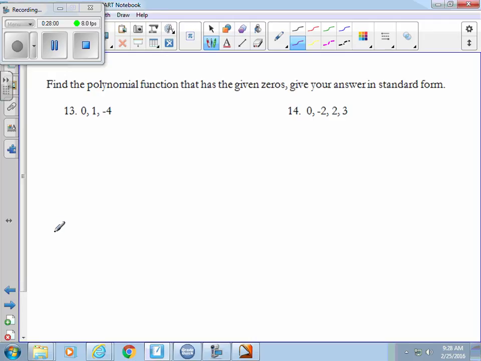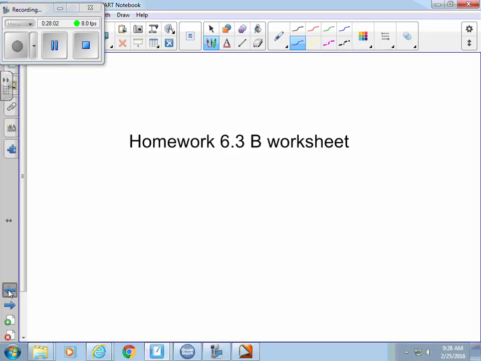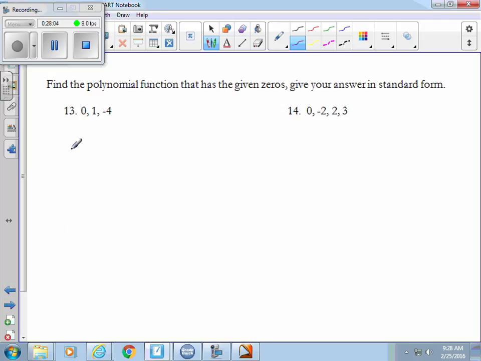Okay, one other thing, and we will be done. Find the polynomial with these zeros. This is a backwards question. How am I going to do that? Okay, Chris said x minus 1, and x plus 4.